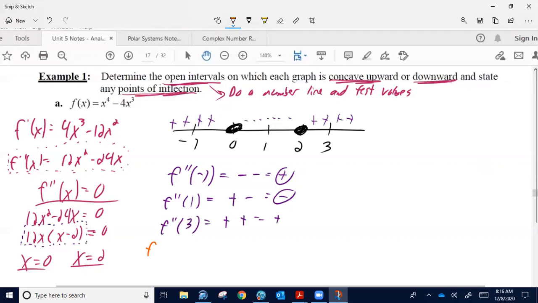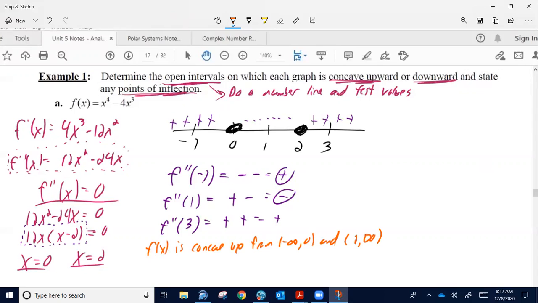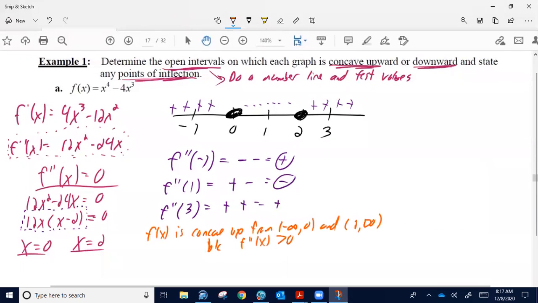So we will say f of x is concave up from -infinity to 0 and 2 to infinity because f double prime is greater than 0.